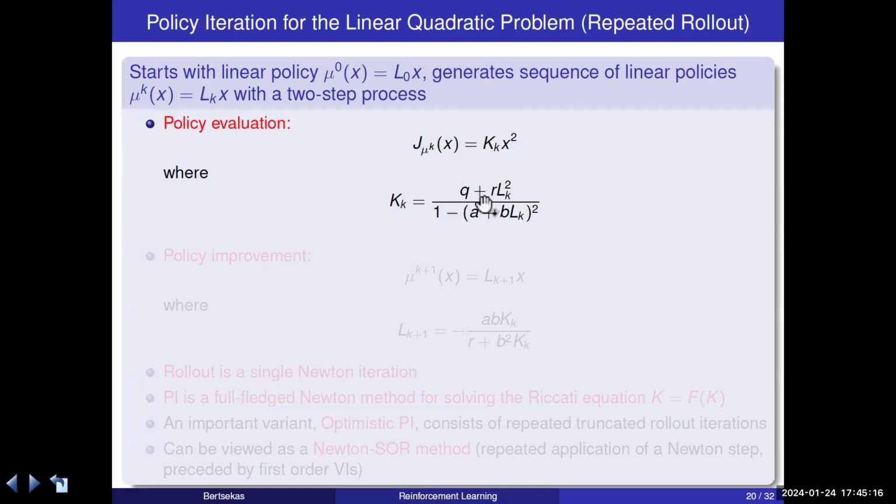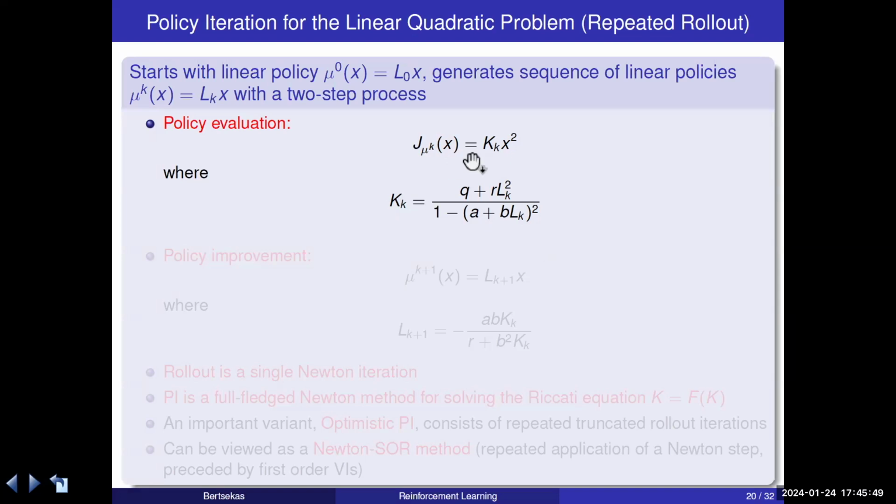Both of these can be done in closed form in the case of linear quadratic problems, a very simple case, of course. For a given policy, LK of X, policy evaluation gives the cost function of the policy by solving the LK Riccati equation in closed form.